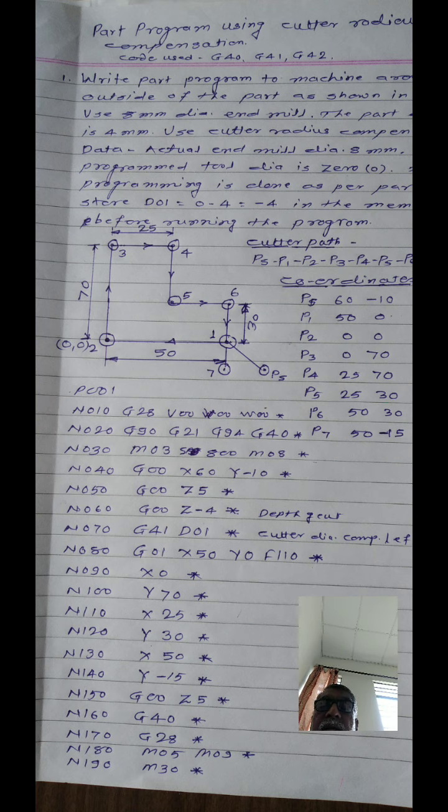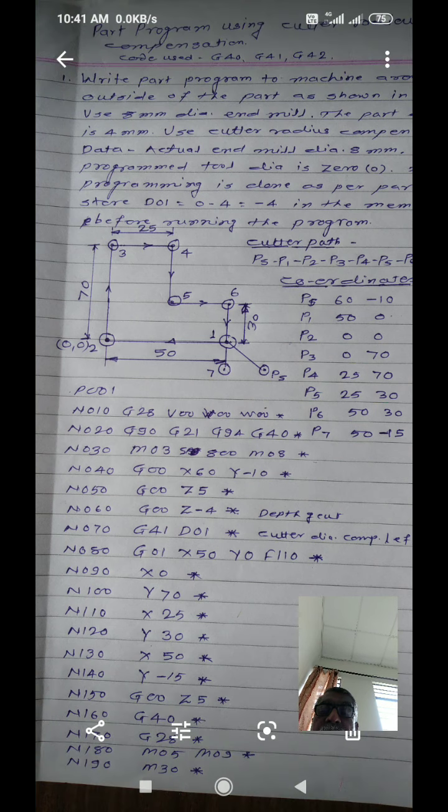The y coordinate is minus 15, the x coordinate is 50. Therefore, move the cutter to point 7 with G01, that is block number N140, Y minus 15, because the x coordinate remains the same, end of the block.